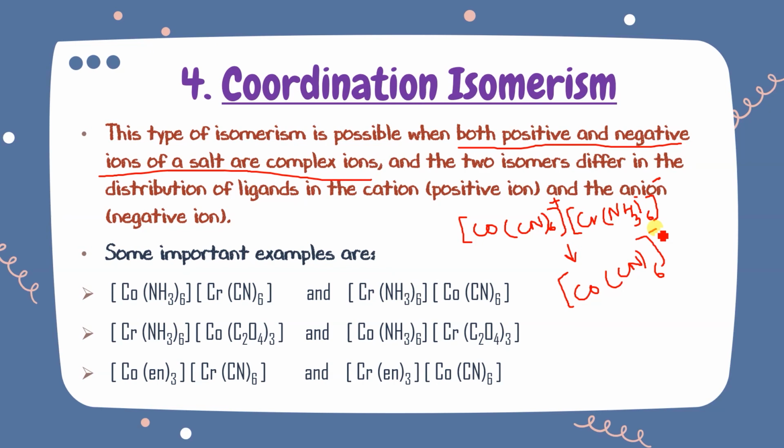Suppose that minus. So now find the oxidation number of cobalt. What will you get? You will get cobalt oxidation number +7, isn't it? And similarly in this case, it will have a positive charge when it dissolves in water, so chromium will have a +1 charge. The oxidation number is changed.